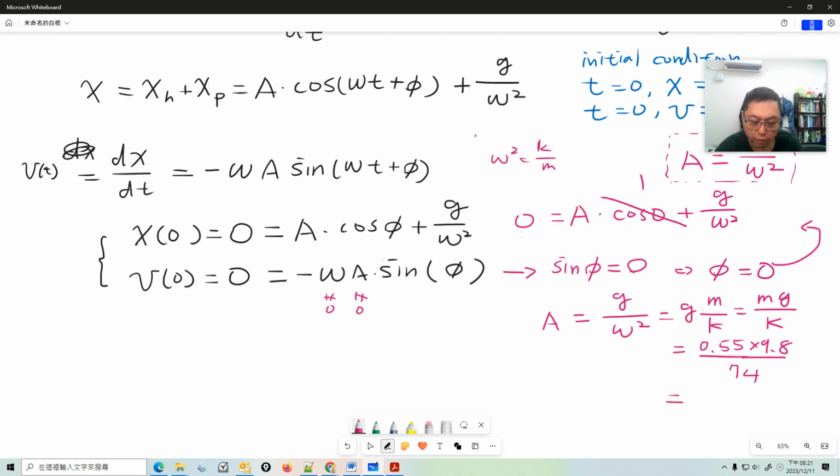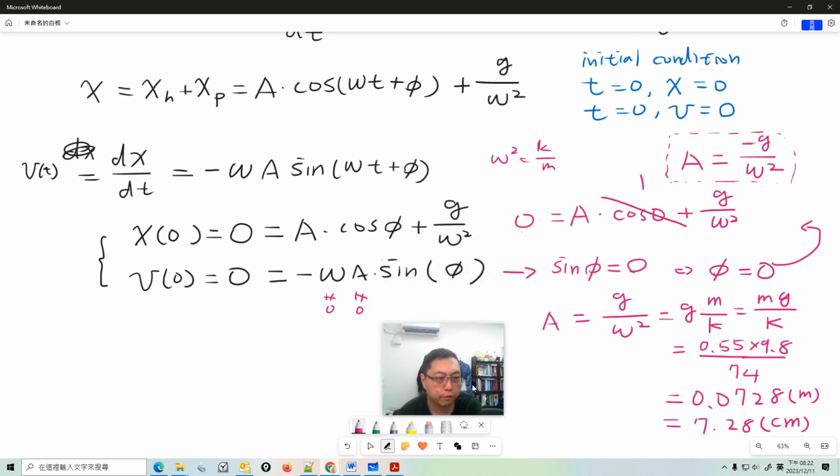So 0.55 times 9.8 over 74, I think it's 0.0728 meters, which is 7.28, about 7.3 centimeters.